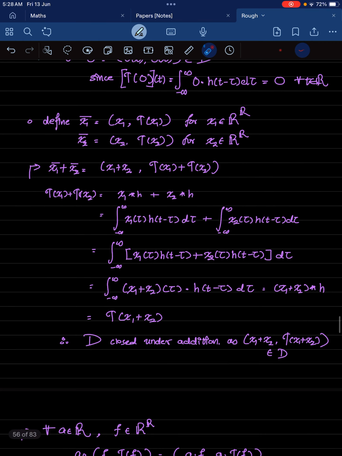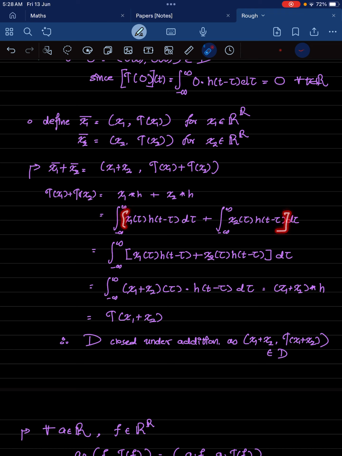Let's find out. For that, I'll consider the second component as the LHS, T of x1 plus T of x2. Now that is equal to x1 convolved with h and x2 convolved with h as well. I'll expand that into the integrals. Now the integral has the same limit over the same independent variable, and hence you can club this in.